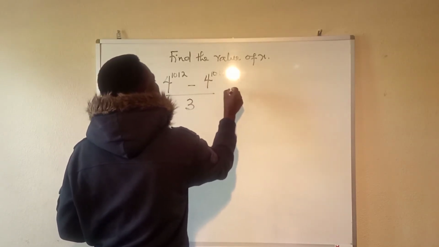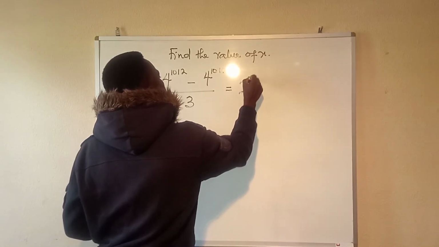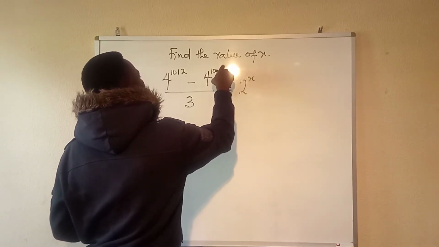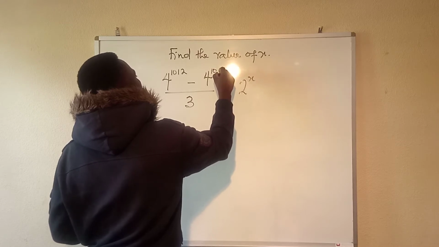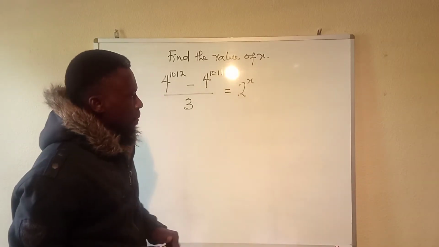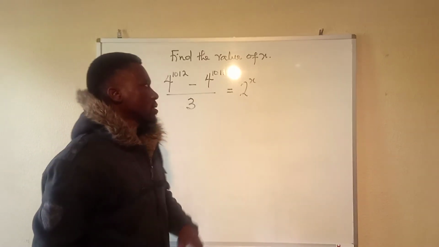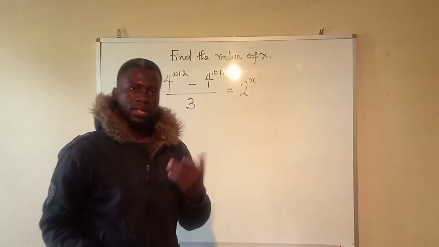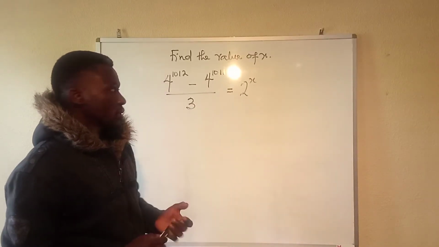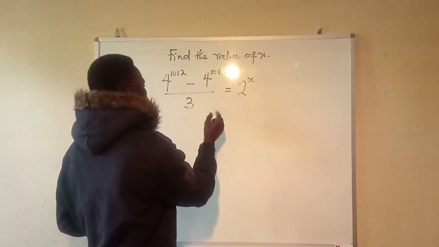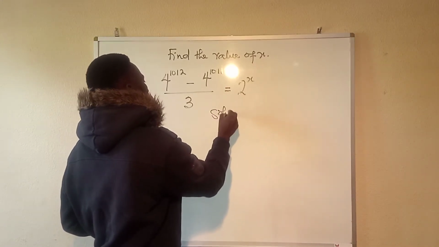Now this is equal to 2 to the x. So we are to find the value of x. So let's see what this equation will lead us to, or what it will give us. So let's put here solution.